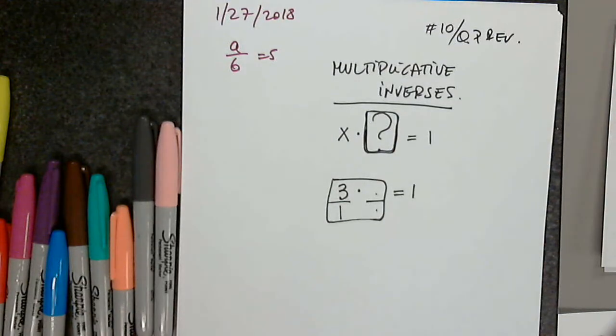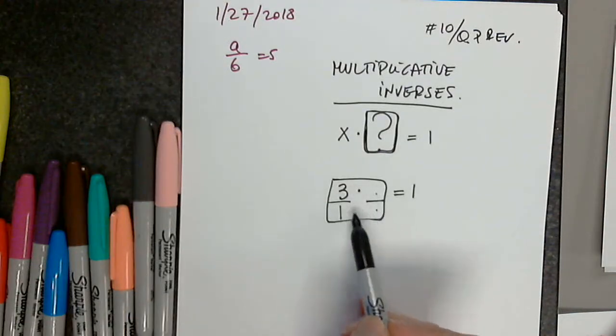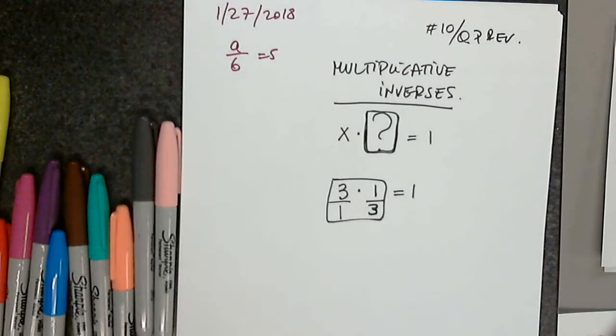Yes, I have to have 3 at the top and 3 at the bottom. Only 3 at the top and 3 at the bottom will give us 1, right? 3 times 1 over 3 times 1 will be 1.